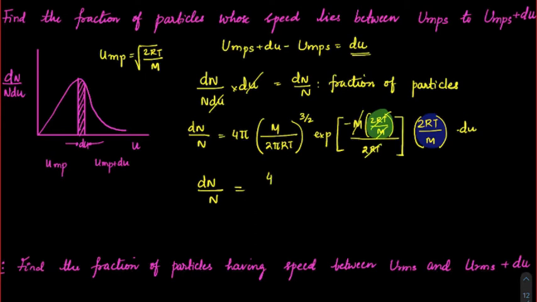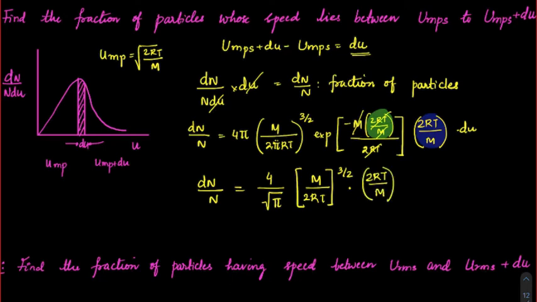So we will have this as 4 by, if I remove the pi which is present inside outside, it will come as 3 by 2. So if it is 3 by 2, this will be under root of pi into, this entire thing would remain as m by 2 rt whole raised to power of 3 by 2 into 2 rt by m.